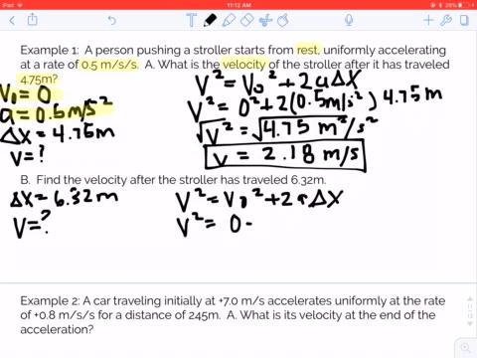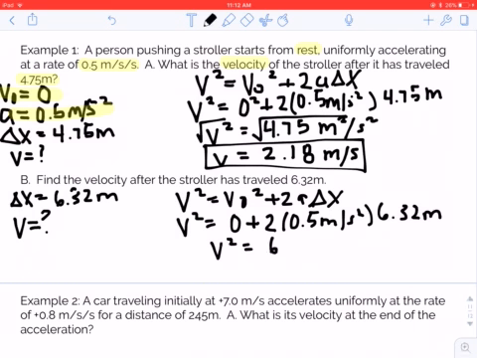v squared equals 0, that's the initial velocity, plus 2 times 0.5 meters per second squared times 6.32 meters. So again, same steps here. I'm going to plug that into my calculator.